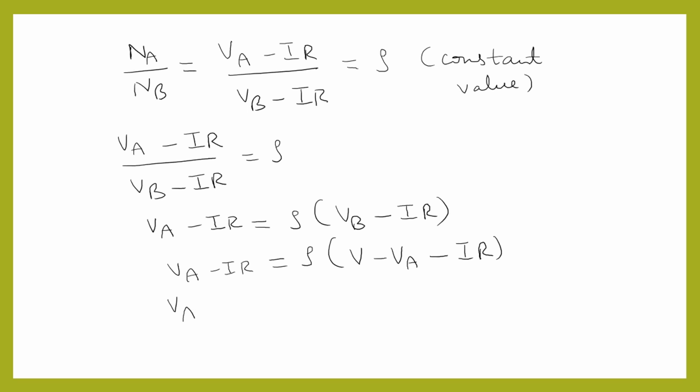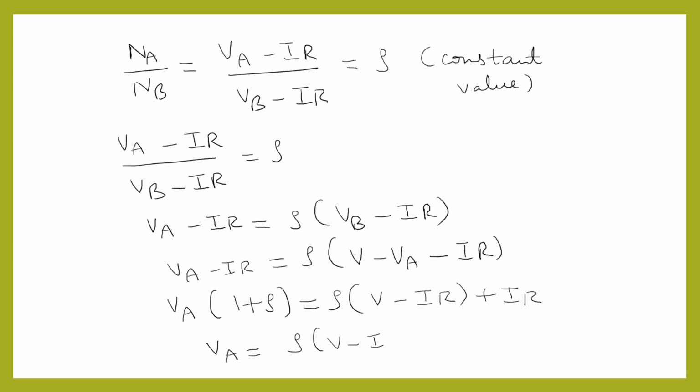So, VA into (1 + rho) is equal to rho into (V − IR) + IR. So, VA is equal to [rho into (V − IR) + IR] by (1 + rho).